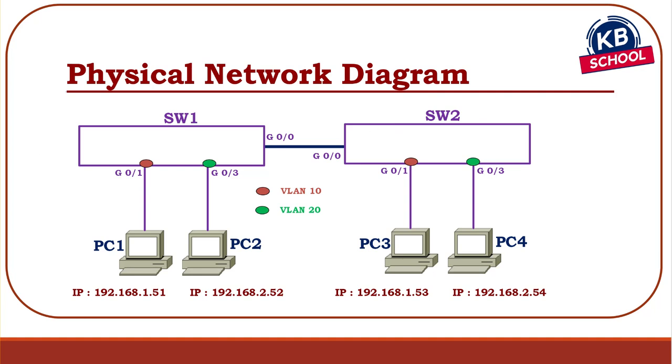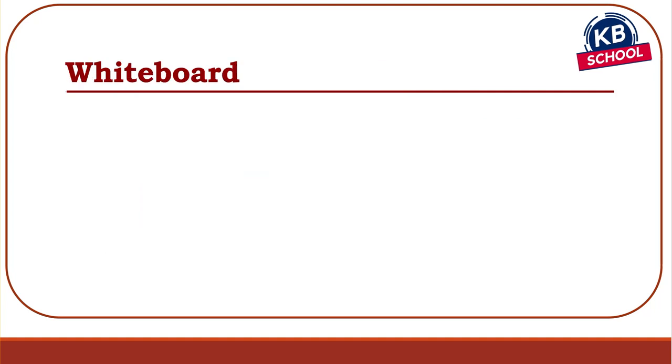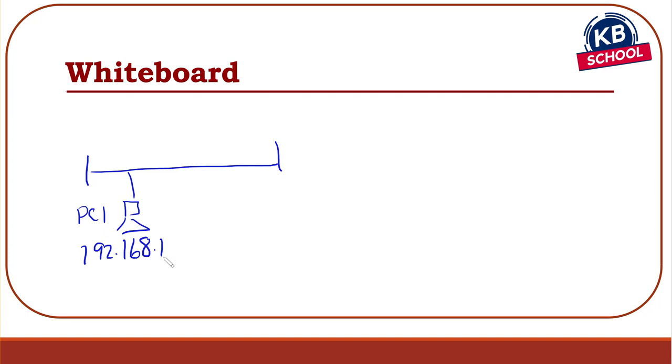The other thing that you also need to keep in mind is the logical topology. Although you see it like that, logically speaking, I have two VLANs that do not have the ability to talk to each other right now because there's no router involved. So in my topology over here, I have PC1, which is 192.168.1.51/24.